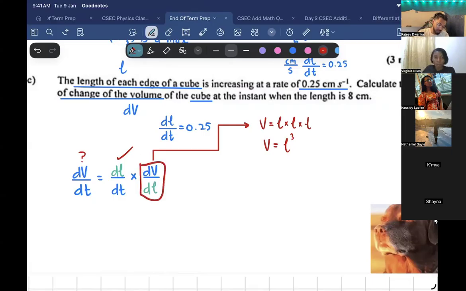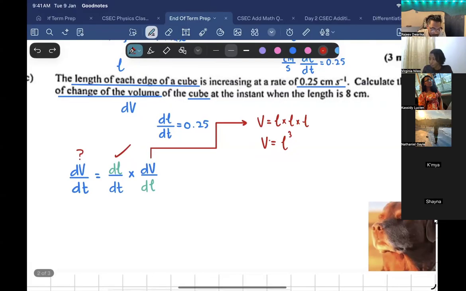As per the question, we need to find what? dV over dL. So I'm going to find the first derivative.